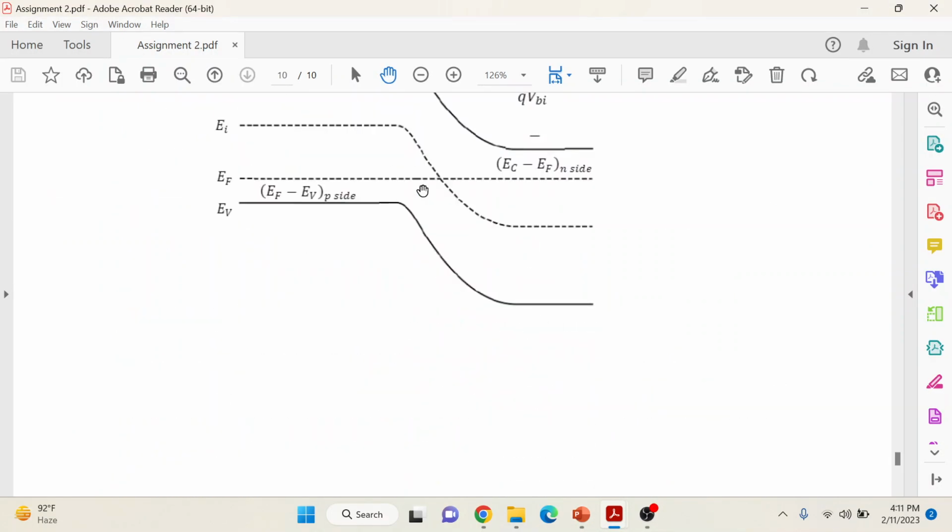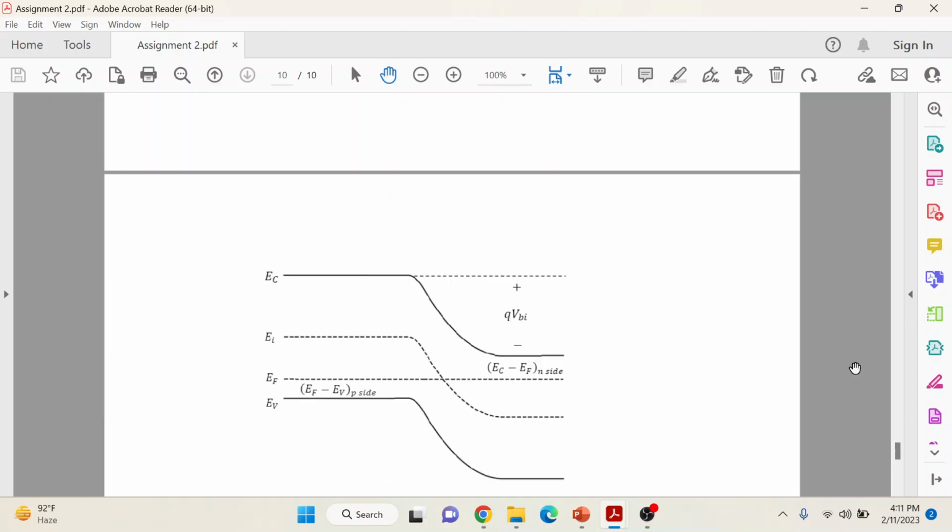When we dope something or change something in the intrinsic property of the material, the conduction band can go up or down, and the valence band can go up and down depending on the doping and the electric field that is generating inside the semiconductor due to doping. Now there is a Fermi level which comes into the picture because of this doping.